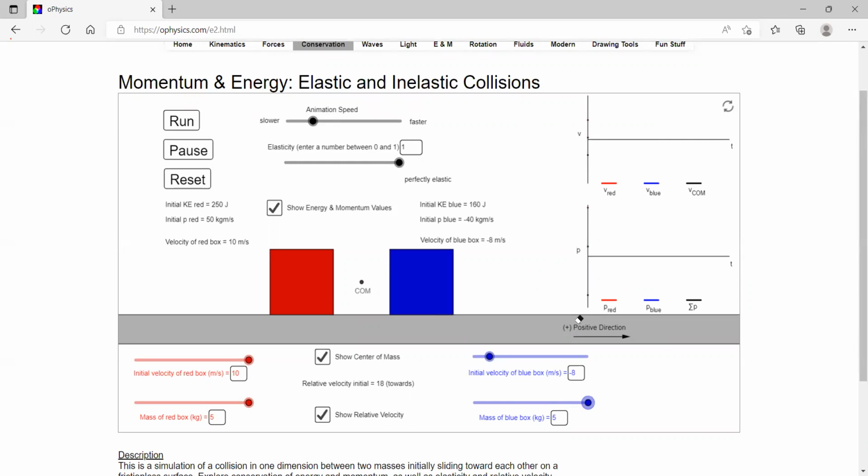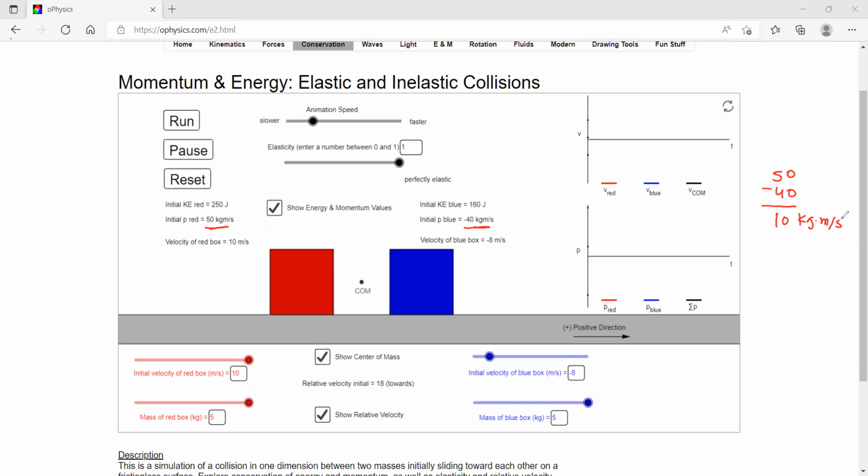Again you see that the initial momentum is 50 for red, and the initial momentum for blue is -40. So the total momentum before the collision is 50 minus 40, that is equal to 10 kilogram meter per second.